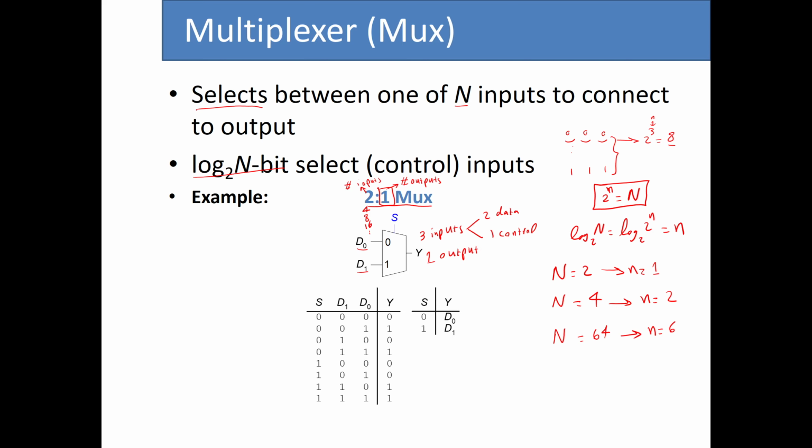So if I want to write a truth table for this multiplexer, since we have 3 inputs, that means that we need to have 8 possible combinations. So I put them in this order. We have S, D1, and then D0. And then, since again we have 3 inputs, I wrote down the 8 possible combinations that we can have, starting from 0, 0, 0, all the way to 1, 1, 1.